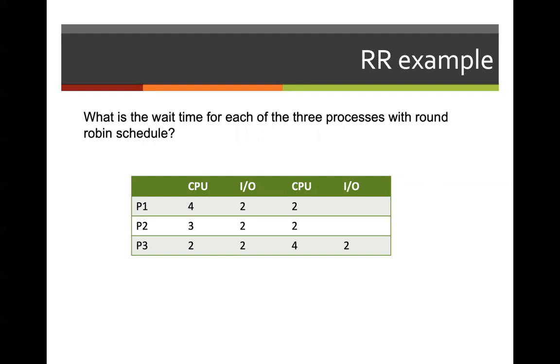P3 has a CPU burst of 2, IO of 2, CPU of 4, and then IO of 2. And so based on this, we can see that P1 and P2 are done before P3 is done with its final IO.